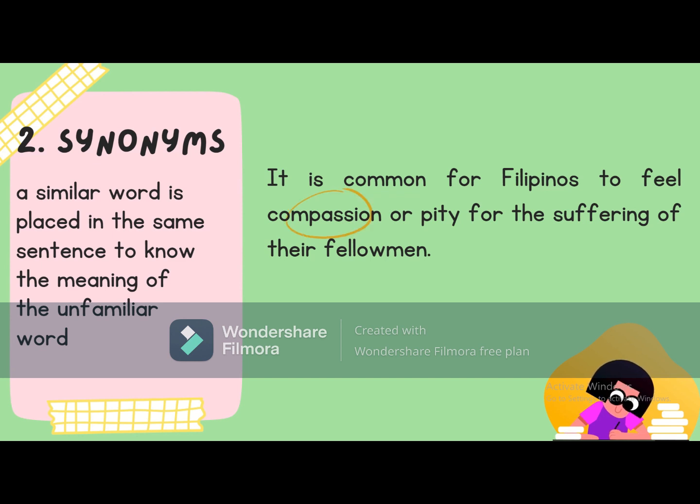Our unfamiliar word here is compassion. But upon reading the sentence, we can identify that the meaning of compassion is pity by the word or. Meaning, compassion and pity is the same. It's almost the same in meaning.